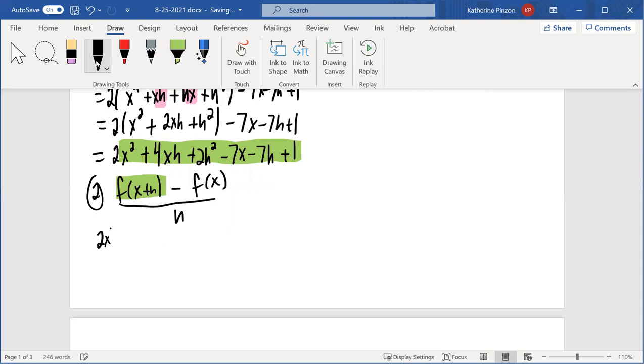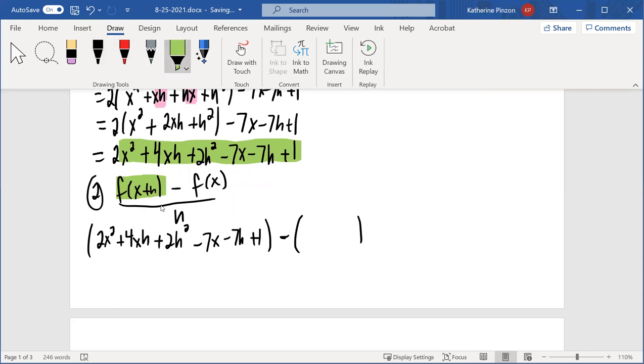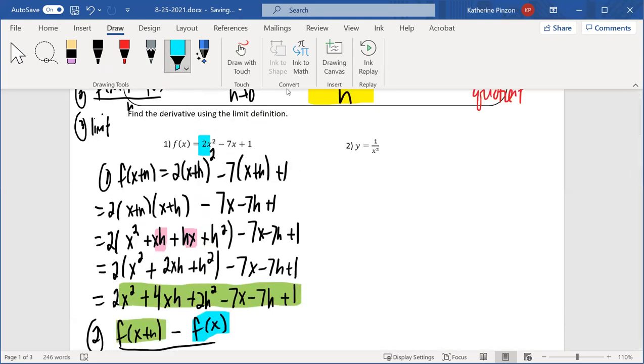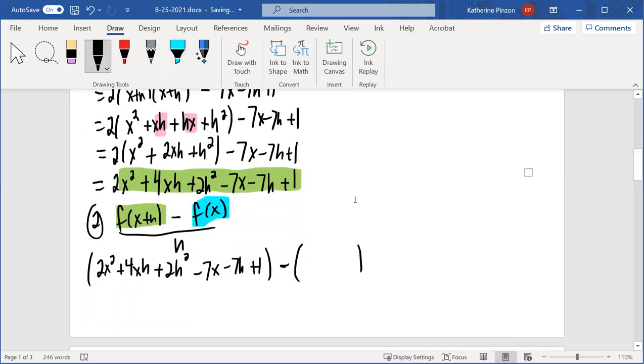So 2x squared plus 4xh plus 2h squared minus 7x minus 7h plus 1. Okay, minus. What do I put in for f of x? Well, f of x was, yeah, that original equation, right? F of x was that original equation that we started with right here. 2x squared minus 7x plus 1. So here I'm going to put 2x squared minus 7x plus 1. All divided by h.